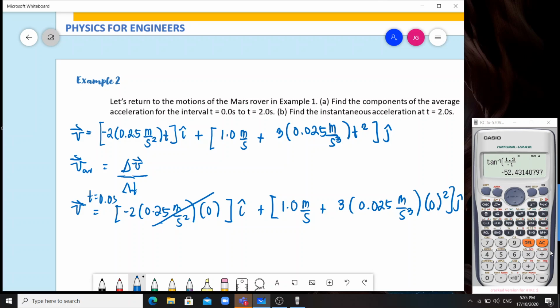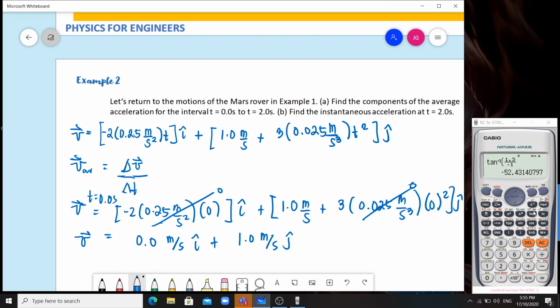Ito automatic 0, so meron tayong 0.0 meter per second i, plus ito magiging 0 din. So, magiging 1.0 meter per second j.